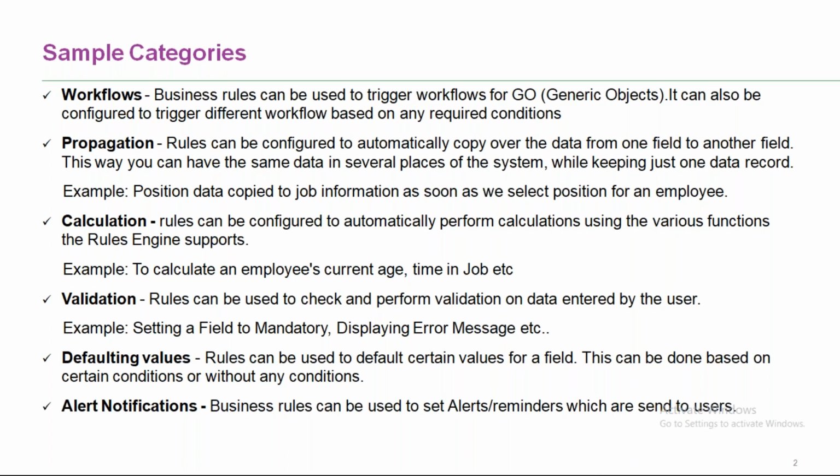Whenever the user selects the gender male, it should be Mr. It should not be Miss. It should not be Mrs. Okay, so those are validations. Or you can set a field to mandatory, or an error message or warning message.